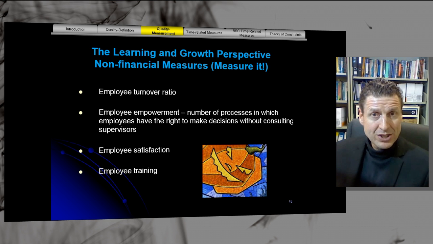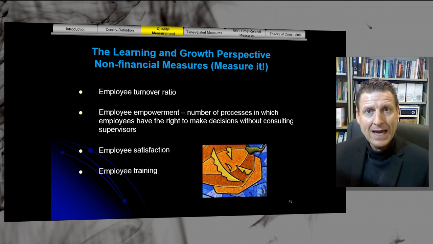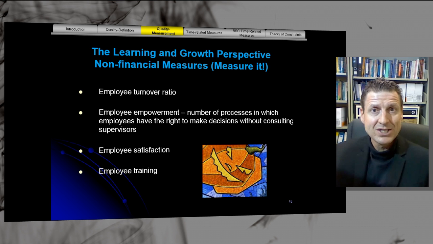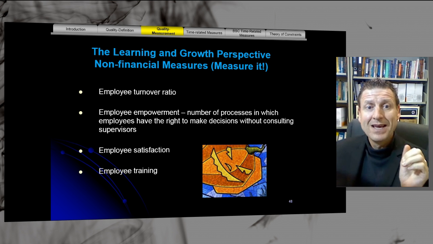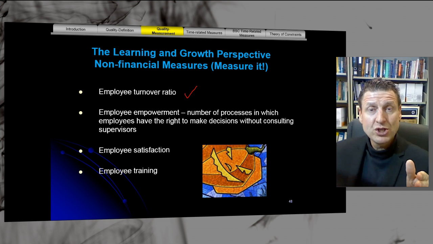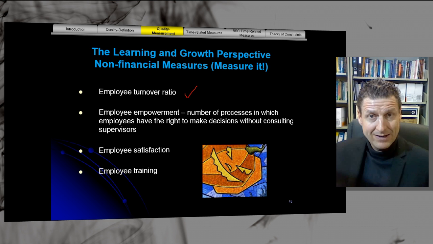Here are some questions, measures that may help to give you feedback on how the employees are being engaged in your organization. The employee turnover ratio, how often are employees coming and leaving?